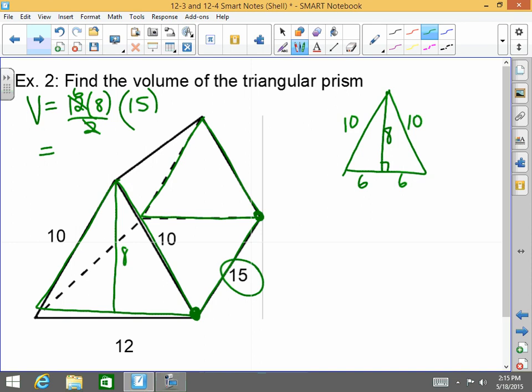And 48 times 15 equals 720 units cubed. Are you guys with me here? Cubed is for volume. As I had just said, because there's a length, a width, and a depth, or a thickness. 3 different measurements. Yes, sir.